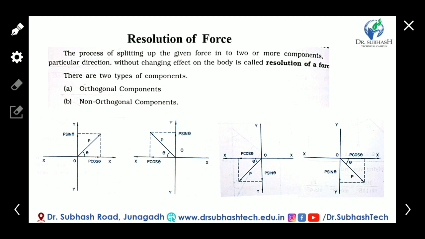Now this force is in the third quadrant, and according to the direction of the force, the horizontal component is in this direction and the vertical component is in the downward direction. The force makes an angle with the horizontal component, so the horizontal component is P cos theta and the vertical component is P sin theta.